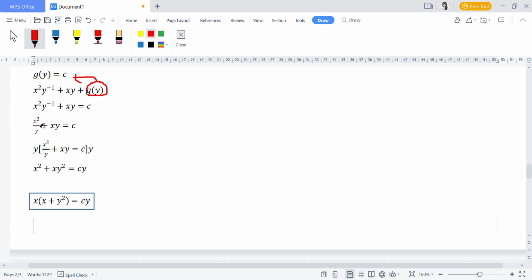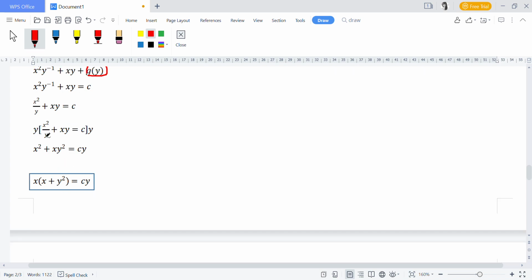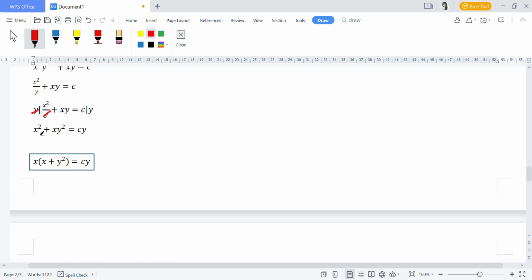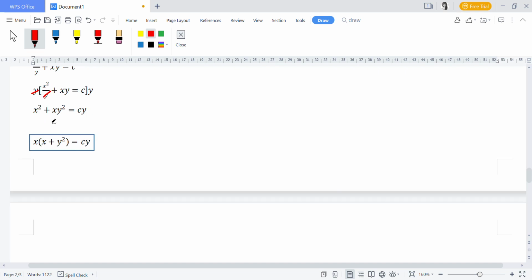So we will now have x squared over y plus xy equals c. To further simplify this, we're going to multiply both sides by y. So this one will be cancelled out. Then we will now have x squared plus xy squared equals cy. And this can be further simplified, which is our final answer for this example, x times x plus y squared is equal to cy.